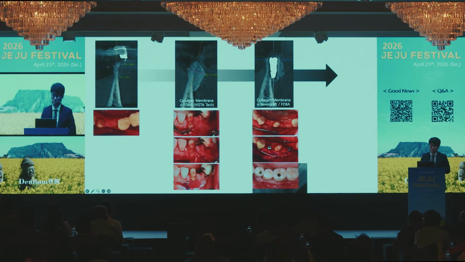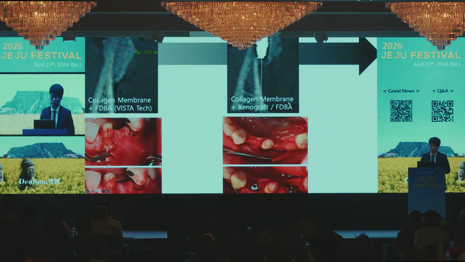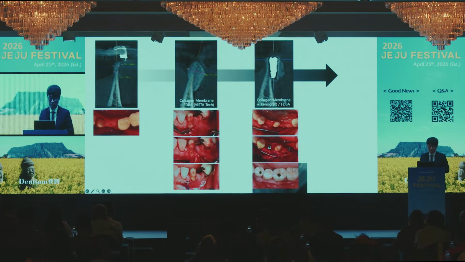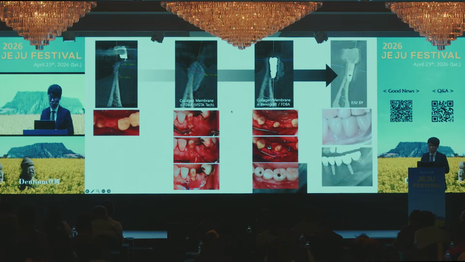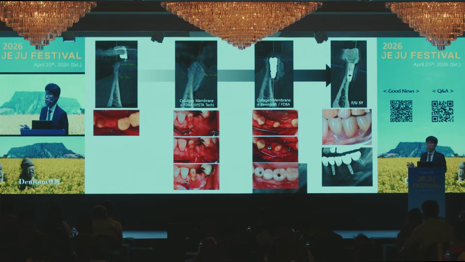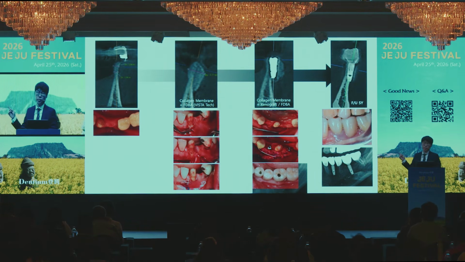And after the CBCT, placing the implant, as you see, it's very unstable. I worried a lot about this case. But fortunately, I could finish the case, and I followed up. After 5 years, the implant still survived, but as you see, it's in a very unstable state.